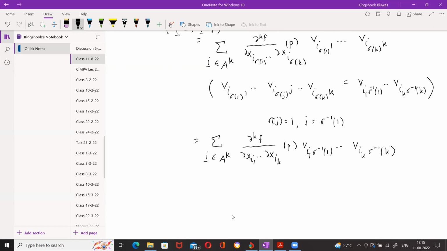Right? Is this okay? Yes. And this, you can see, is nothing but the kth derivative d^k f at P applied to v_{sigma inverse 1} up to v_{sigma inverse k}, right?